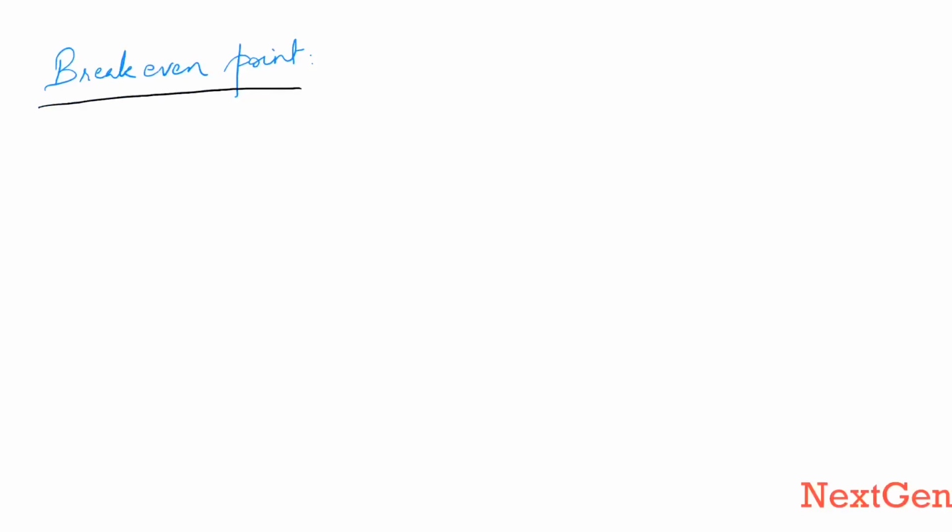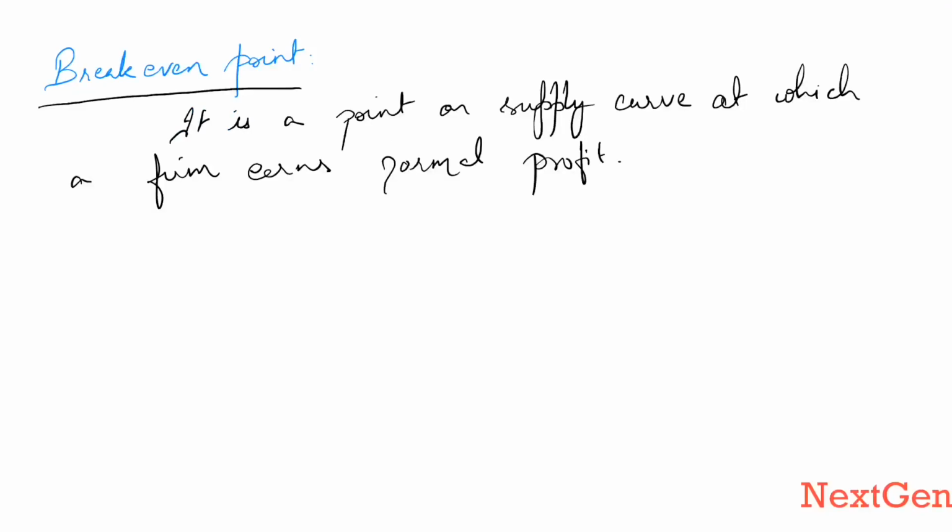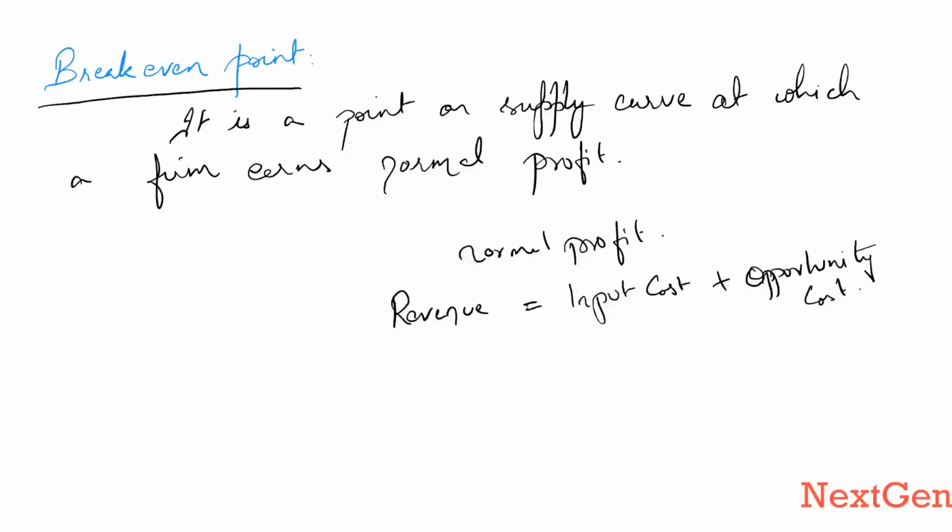Now, what is the break-even point? It is a point on the supply curve at which a firm earns normal profit. We remember the concept of normal profit. What is normal profit?